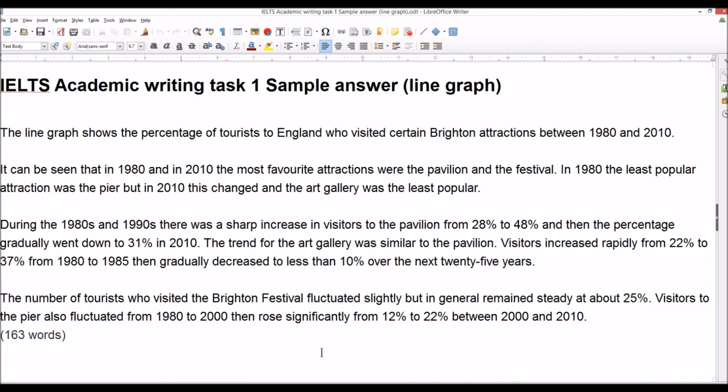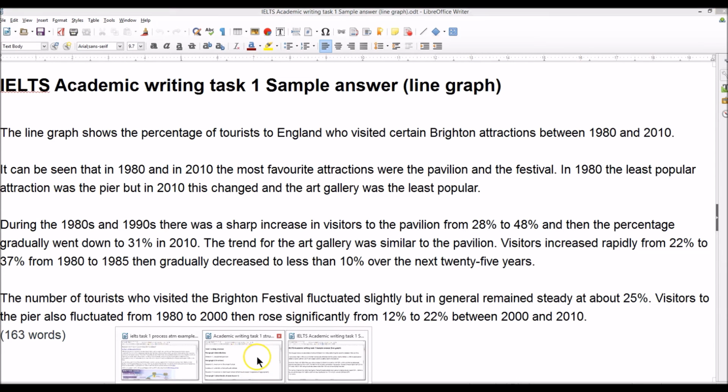It's pretty straightforward. So I'm not going to be spending a lot of time on this one. I'm going to do a few more examples of the pie chart and the tables, the combinations of those. But essentially, you can use this structure for all of the data-based tasks.